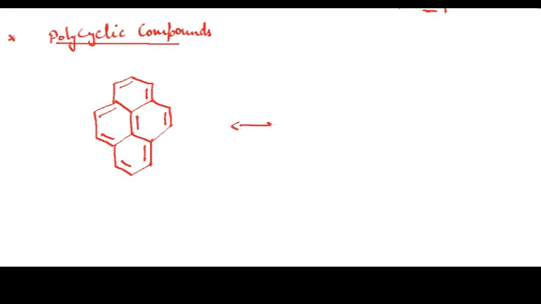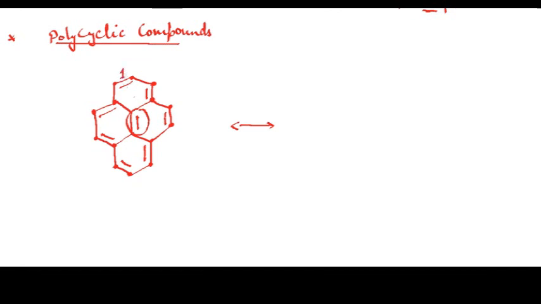Now in this case, if we need to check whether it is aromatic or not, then just count the peripheral pi bonds. That pi bond should be counted which involves at least one carbon which is a junction carbon and is a peripheral carbon as well. So you can say those carbons that I'm circling now are present at the periphery of the molecule. So these are peripheral junction carbons. So only those pi bonds are counted that include at least one peripheral junction carbon, which means we should not consider the effect of this pi bond in the aromaticity or delocalization.